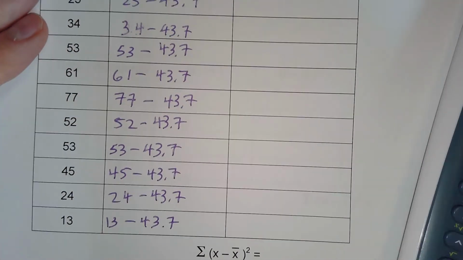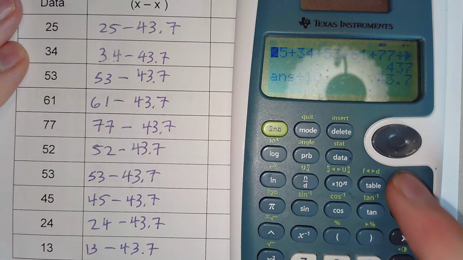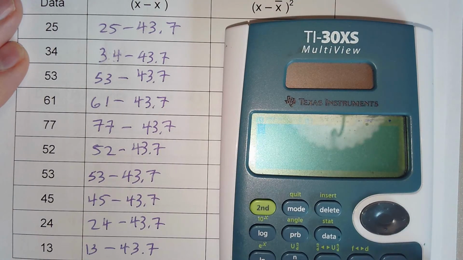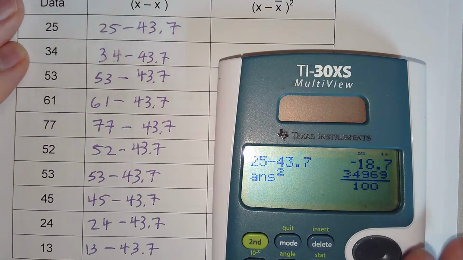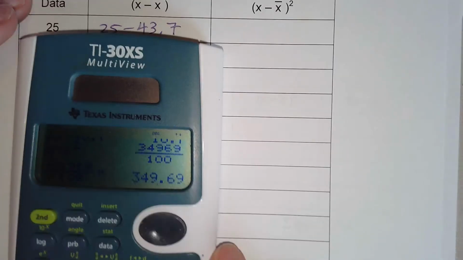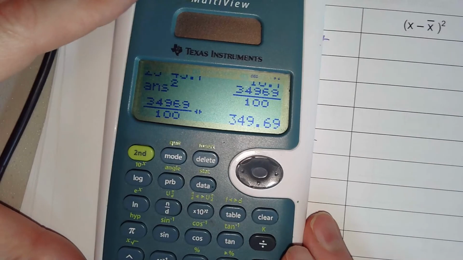Okay, so I'm going to start at the top and do that first one. We'll have 25 minus 43.7, negative 18.5, and then I'm going to square it. Oh, we don't want that, we want a decimal. So get that over here.